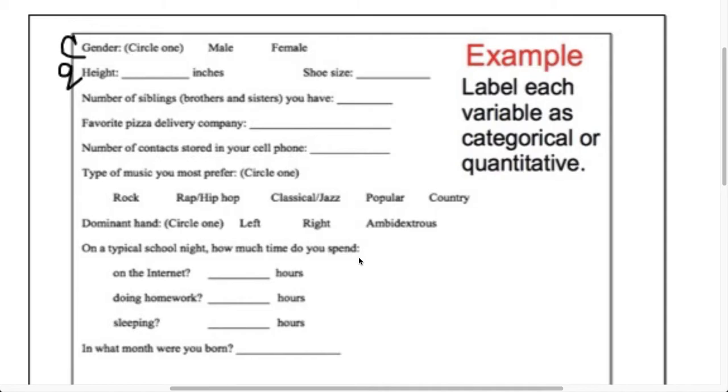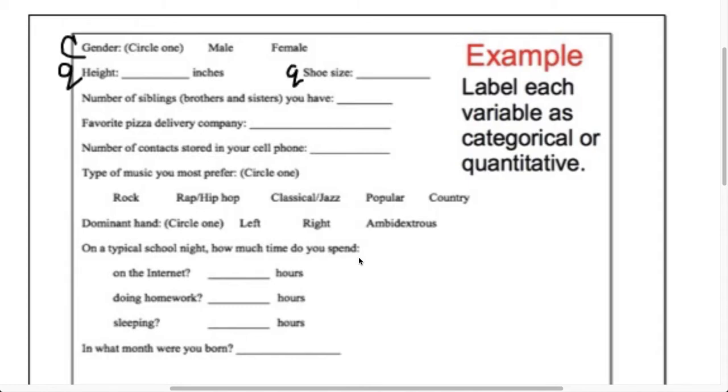Shoe size, that one's a little bit tricky. There might be specific cases where the average shoe size might mean something. In most cases, I would think not. But technically, it might make sense to calculate the average shoe size and come away with some piece of information there.